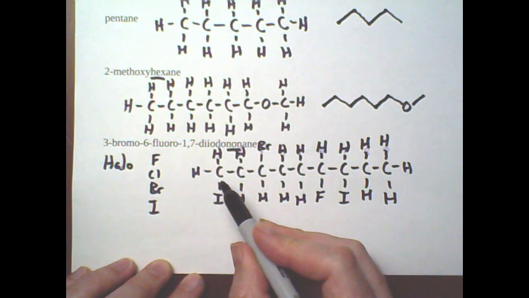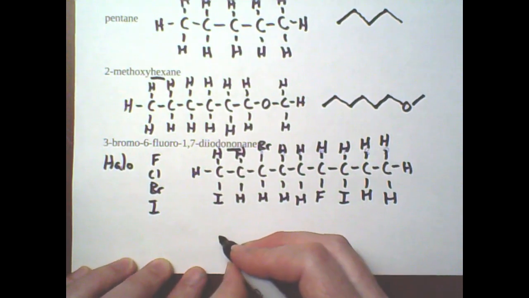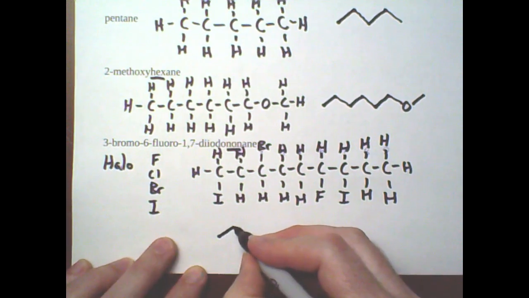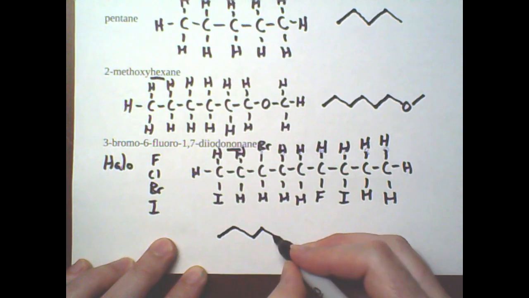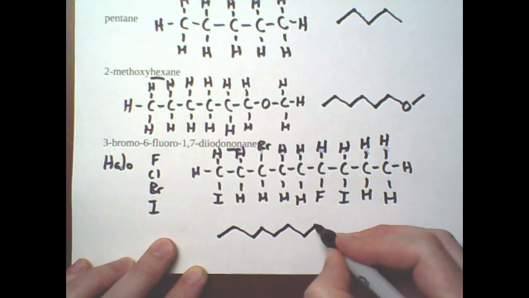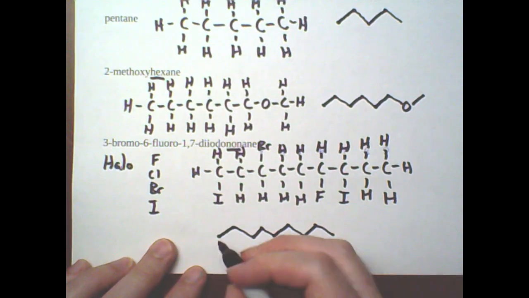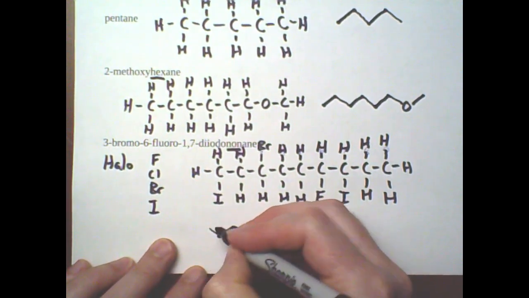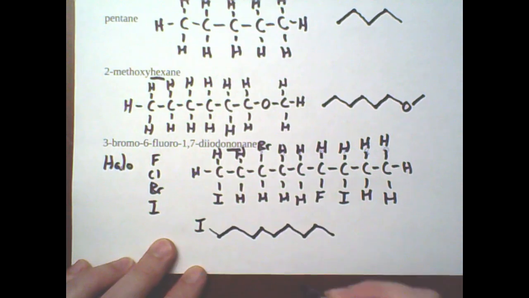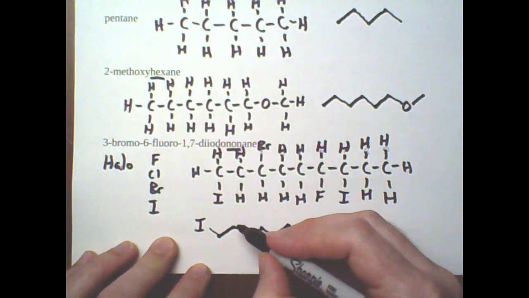So again, I start with my first carbon, put my pen down, draw to the second, third, fourth, fifth, sixth, seventh, eighth, ninth. 1, 2, 3, 4, 5, 6, 7, 8, 9. Okay, I've got an iodine on the first one. These bonds can rotate, so if I draw it in a different place, doesn't matter.